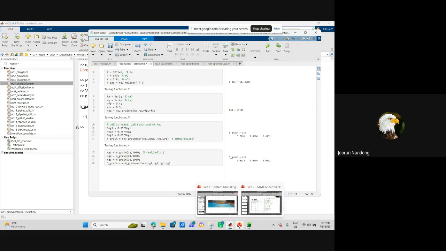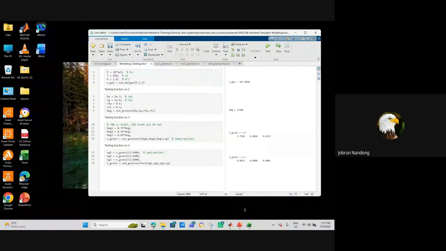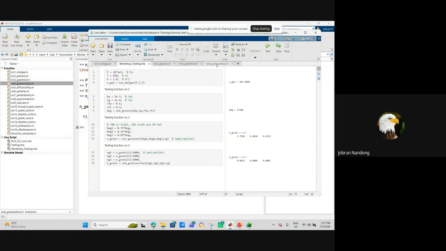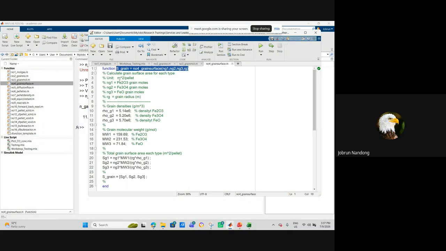So how do you know that? Again, you check again the file. That's why in the file, it's important that we include the unit here. What you need is a meter square per pellet, you see. Okay. So now all of this has to be in grain of mole. So the unit of this supposed to be in mole.